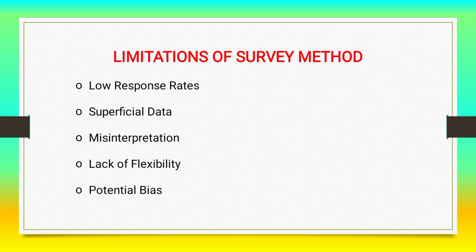Coming to the limitations of survey method of data collection. Surveys, especially those distributed via mail or online, often suffer from low response rates, which can lead to non-response bias.